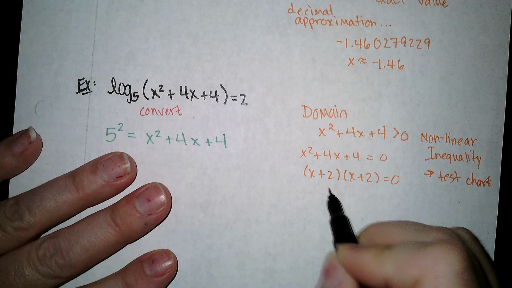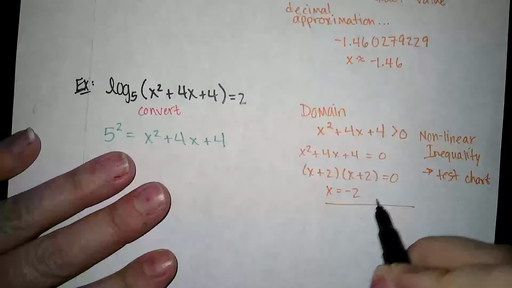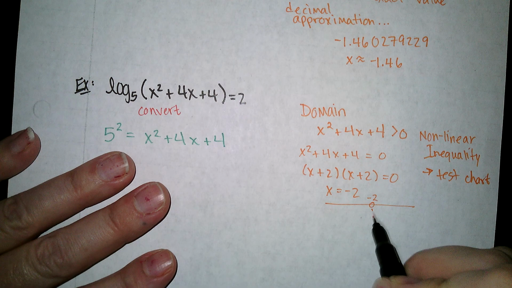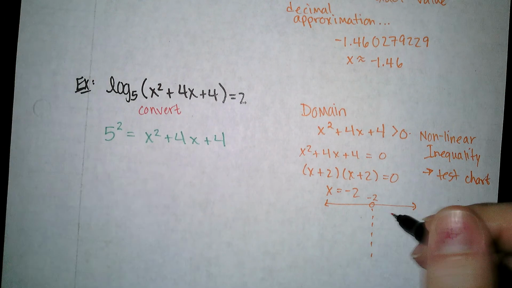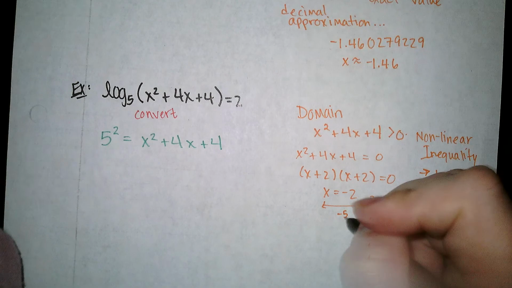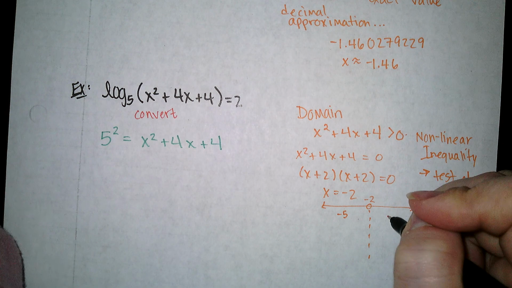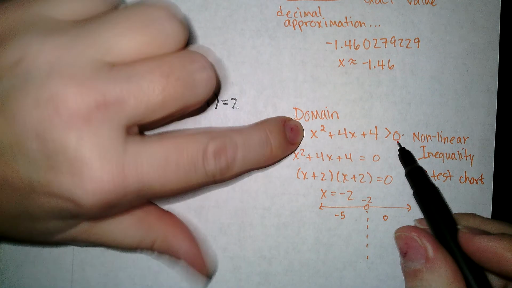This one factors nicely. I get x equals negative 2. Remember that that is going to be an open circle because my original inequality was a greater than. And I need to test a number to the left of negative 2, like, I don't know, maybe negative 5, and to the right of negative 2, like maybe 0, and see where we come out true and false.